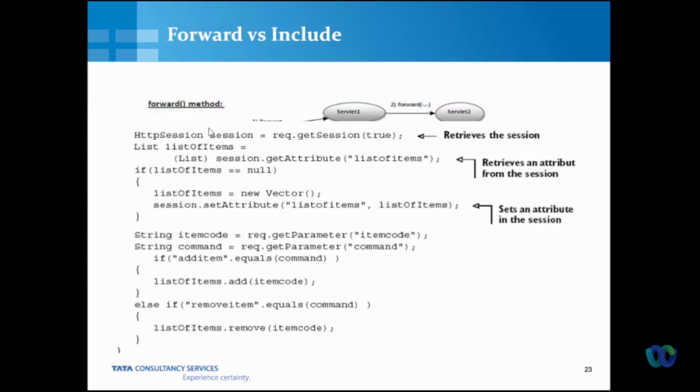So what happens in the forward method? One servlet is used to forward a request to another servlet, and then the request is handled entirely by the forwarded resource, right?